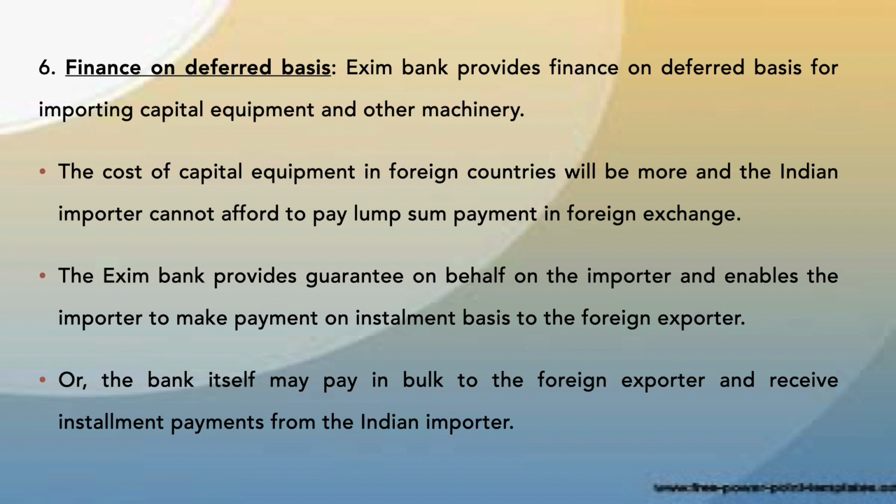Exim Bank will recover that amount from A on installment basis. So A does not have to pay B now because the account is settled. A will pay Exim Bank directly in installments.